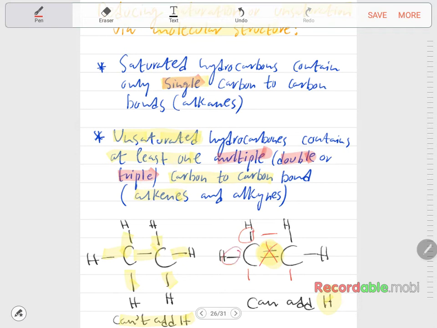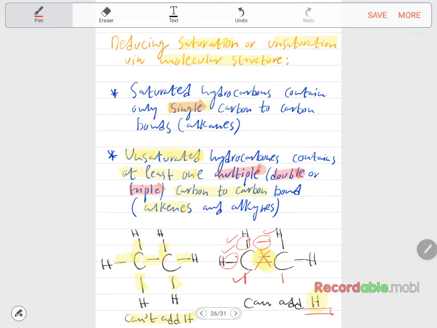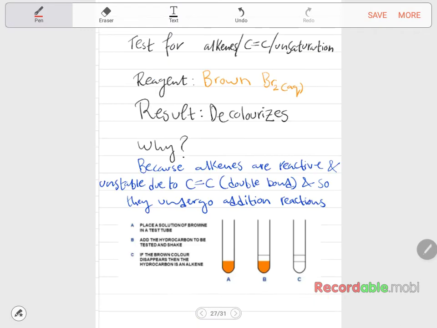But now if it breaks and it's just 1, it can take another bond here, so it becomes 1, 2, 3, and 4 bonds around it. So you can add hydrogen or any other kind of atom; we will be talking about addition reactions. That is, unsaturated hydrocarbons can undergo addition reactions, because if you break the double bond, they can take something else.